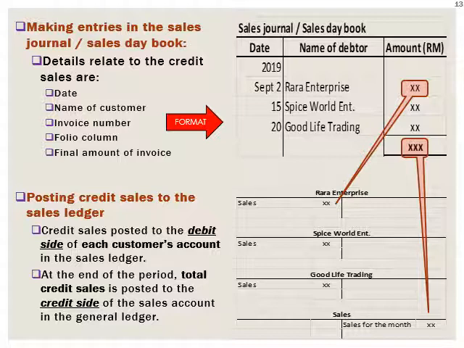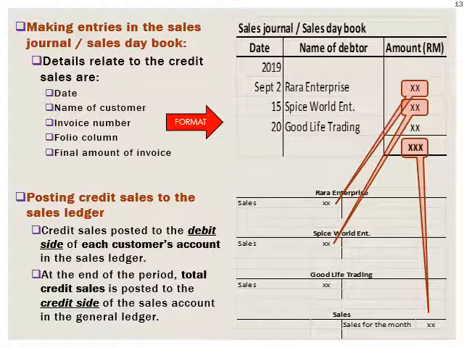After we record the sales journal, we will transfer those transactions to the general ledger, and we will involve the sales ledger for this transaction. To post the credit sales to the sales ledger, we need to credit the sales account and debit the debtors account. Based on the example given, as we have three different debtors, we need to open three different personal debtors accounts.